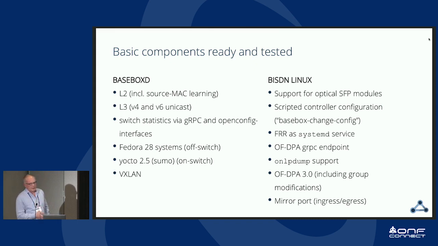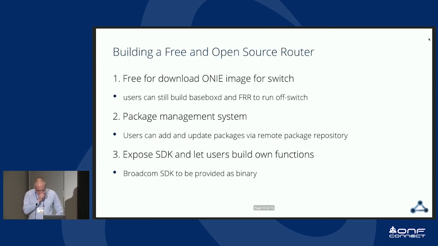There is ONLP dump support, which you can use on the box to see which SFPs are there, what speed, and so on. So all in all, I would say there's mirror ports, ingress, egress. All in all, I would say it's usable now.